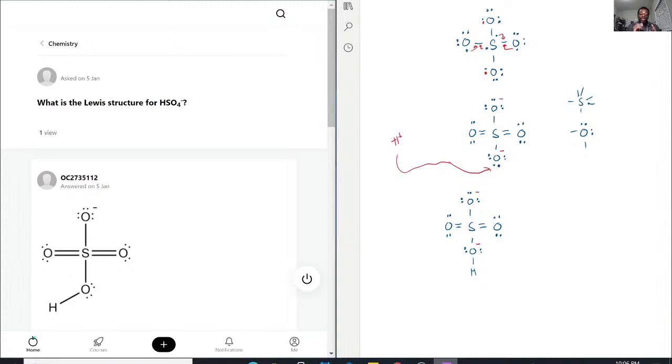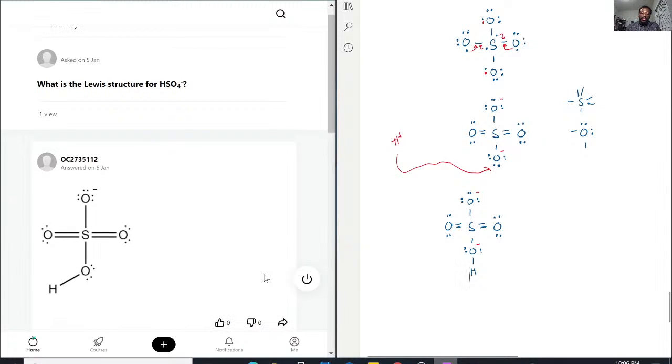Because had I just gone straight to draw it, I may have tried to squeeze the hydrogen on the sulfur, which is why I like to draw what I know first, which is a sulfate. And then I just added the hydrogen onto it. So with that, once you add the hydrogen onto it, you can see now this is how we got rid of that formal charge. Because this was an H+, which is why I was able to just stick right on there.